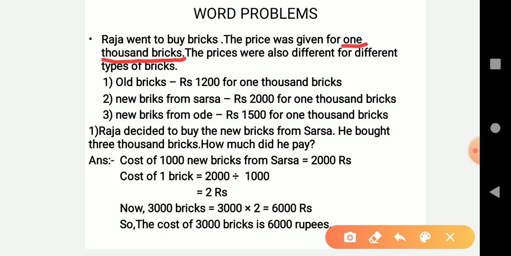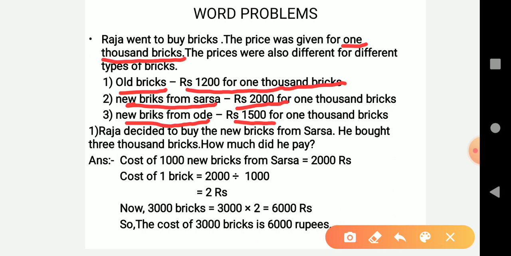The prices were also different for different types of brick. For example, first one, old bricks: rupees 1200 for 1000 bricks. Second, new bricks from Sarsa: rupees 2000 for 1000 bricks. And new bricks from old, rupees 1500 for 1000 bricks.